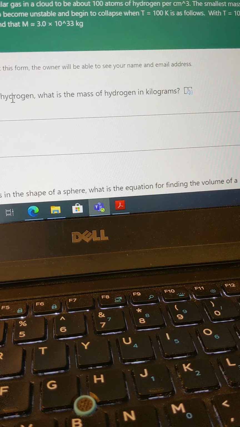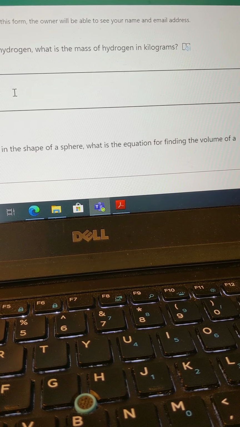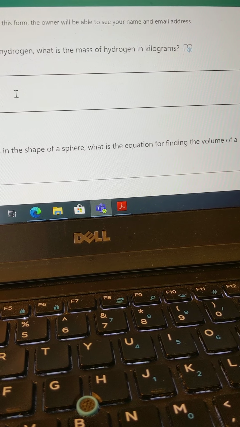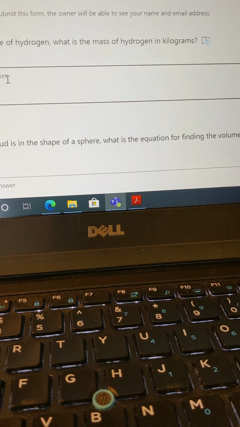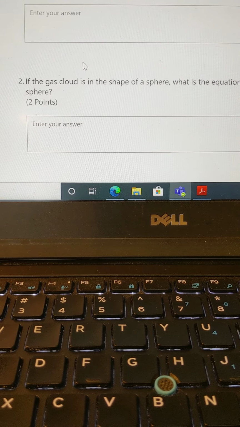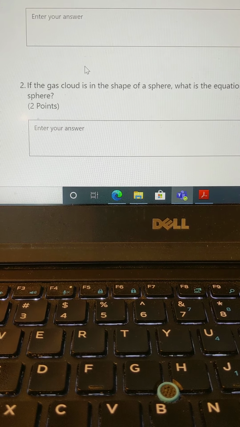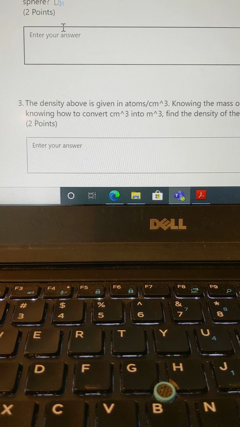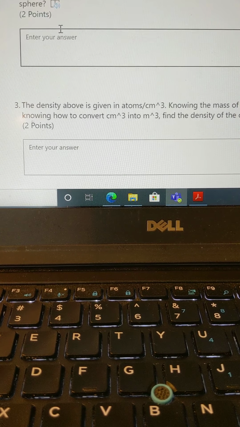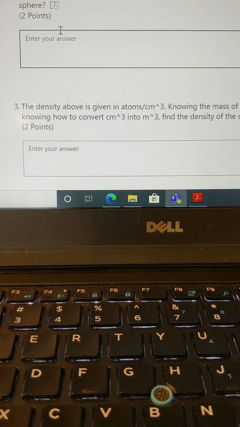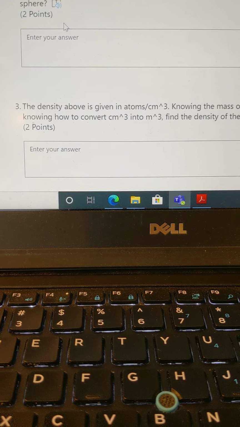All right, first question. The gas is made of hydrogen. What is the mass of the hydrogen in kilograms? Okay, I got that off the data sheet: 1.673 times 10 to the minus 27 kilograms. Okay, if the gas of a cloud is in the shape of a sphere, what is the equation for the volume of the sphere?